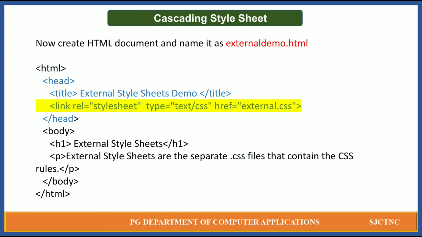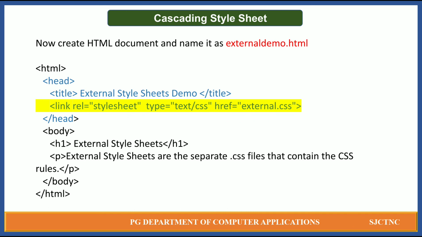Within double quotes we are giving external.css. If that particular CSS file is stored within the same folder, we can give just the file name. If it is stored somewhere else, we have to mention the full path. Then the styles we stored in that file will be used in that page.